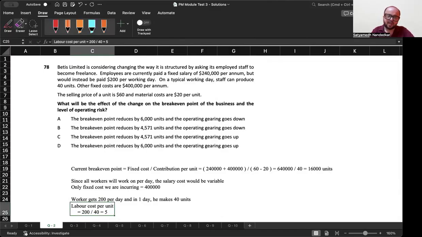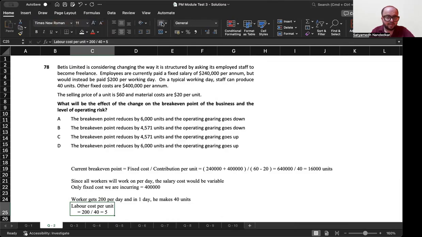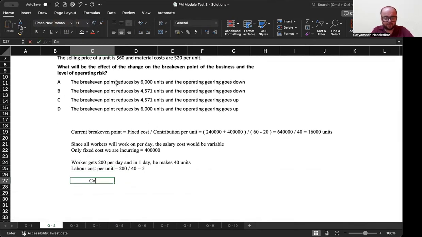So you have got your labor cost per unit. Now labor is a variable cost. So what would be my revised contribution? Revised contribution per unit will be 60 minus 20 minus 5, which is 40 minus 5, that is 35.